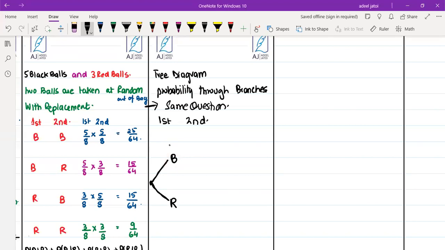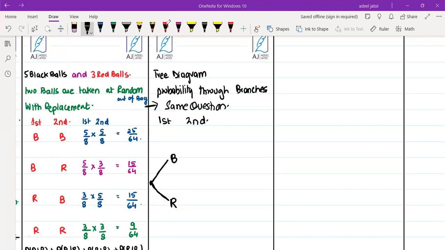Now you need to understand that the first ball can be black or the first ball can be red. There are two branches: if it starts from black, it will go up; if it starts from red, it will go down. This is the probability that the first ball is black or the first ball is red.